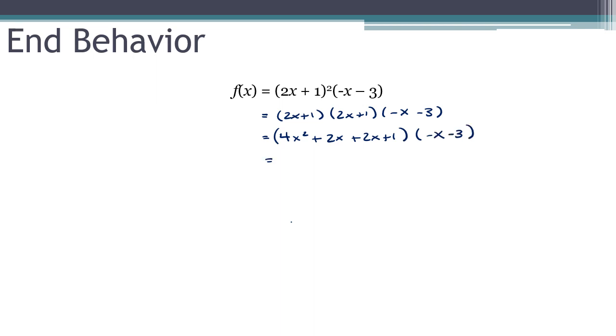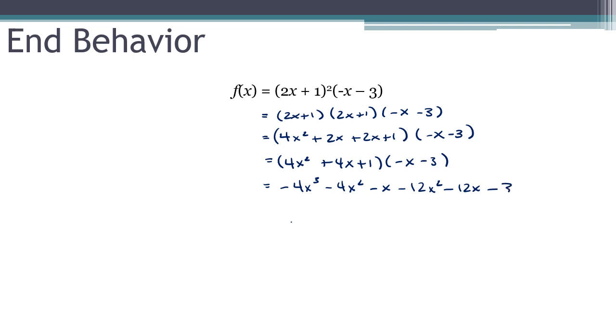And we can combine terms here, right? This is 4x squared plus 4x plus 1 times minus x minus 3. And almost there, minus 4x cubed minus 4x squared minus x minus 12x squared minus 12x minus 3.